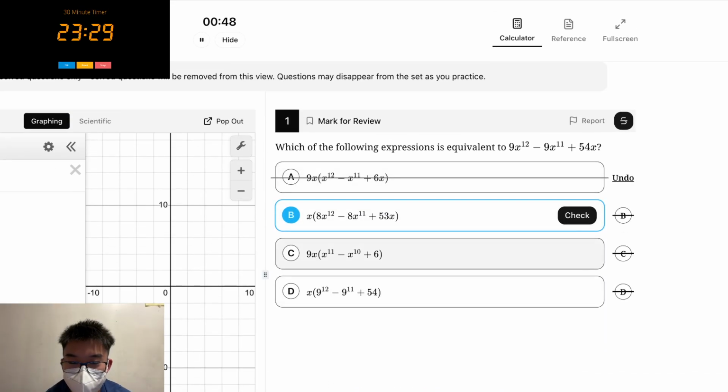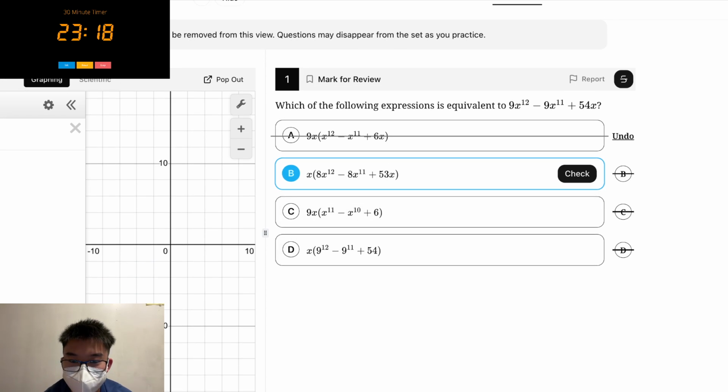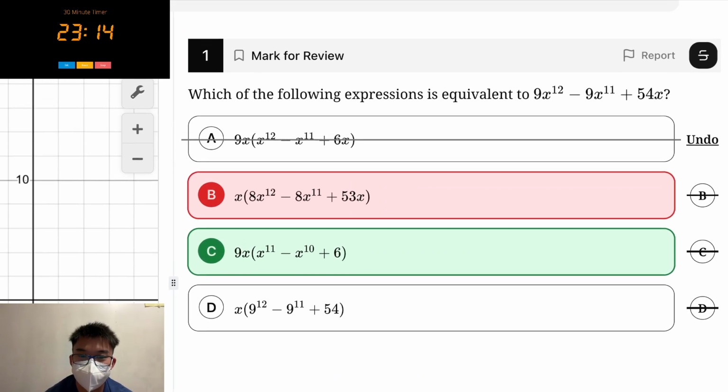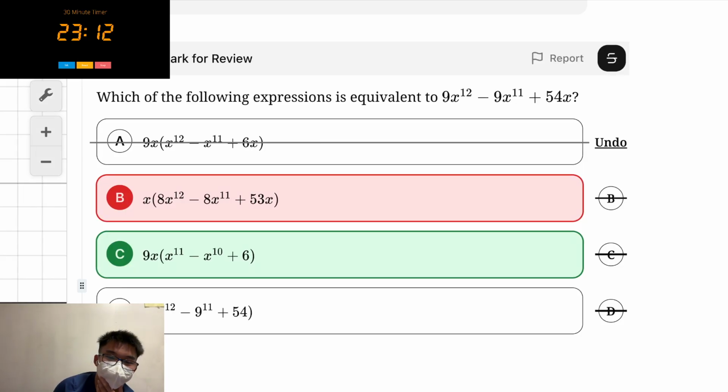And then this one you just add. You multiply this. That can't be correct. Let's try this. So x multiplied by that just raises it to the 13 power, obviously.